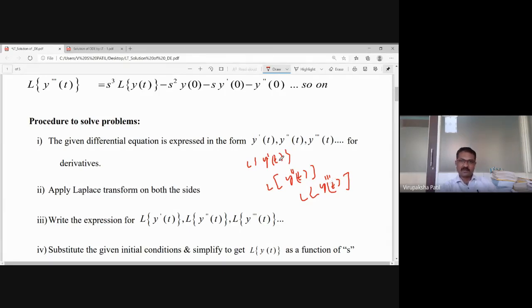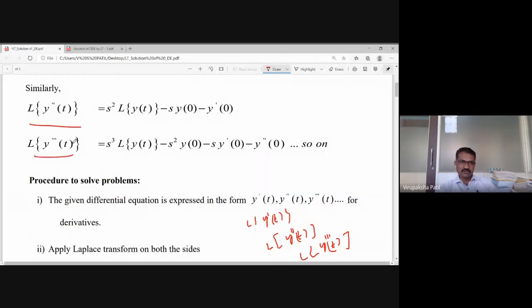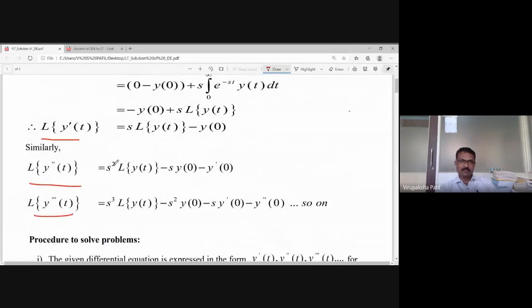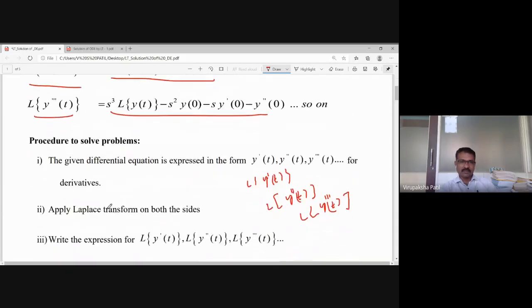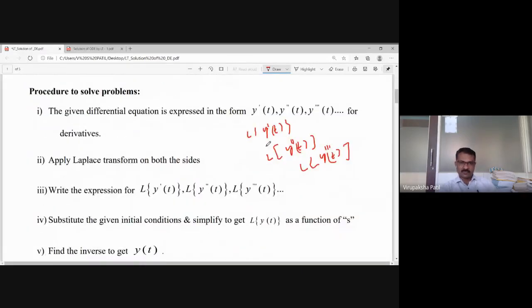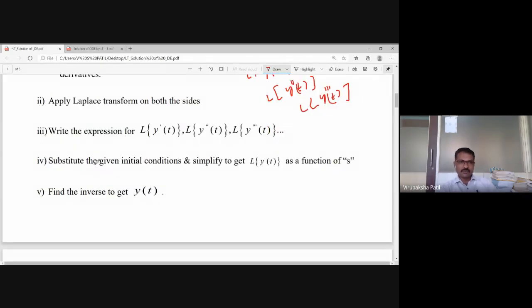Then this will be reduced to these forms. Now, in place of these, we substitute these expressions wherever applicable: the expressions for L of y dash, L of y double dash, L of y triple dash, and so on. Then substitute the given initial conditions and simplify to get L of y of t as a function of s.